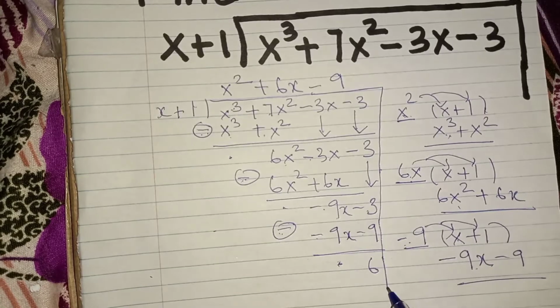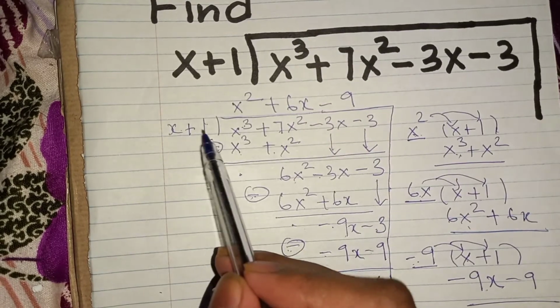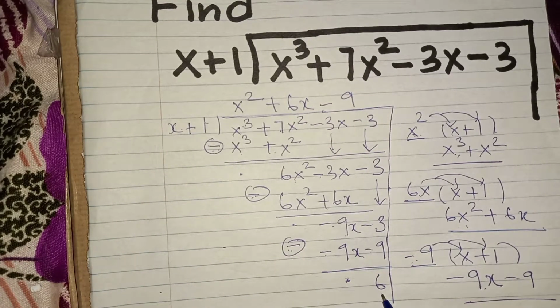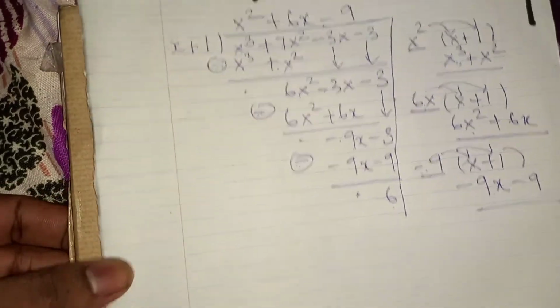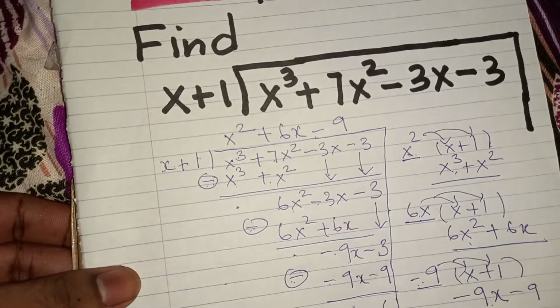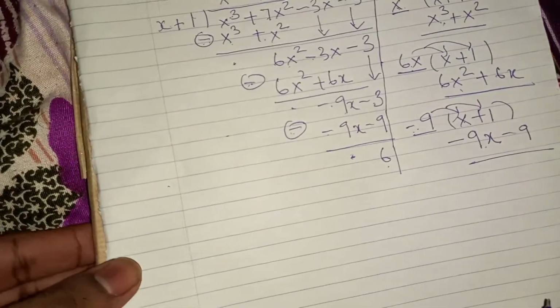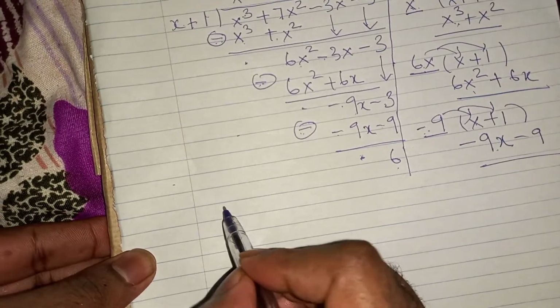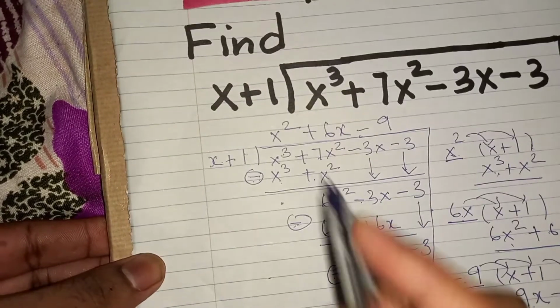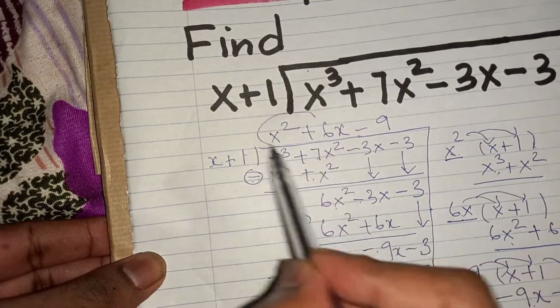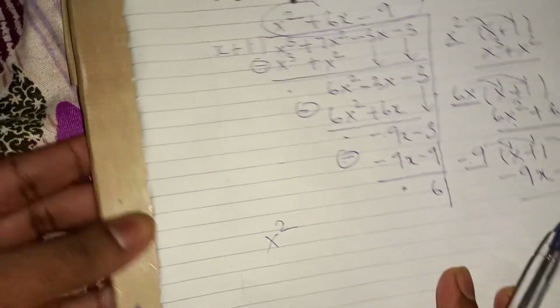Now there is no way this x plus 1 can go into 6, so our final answer here will be x squared. All of this is going to be our answer.